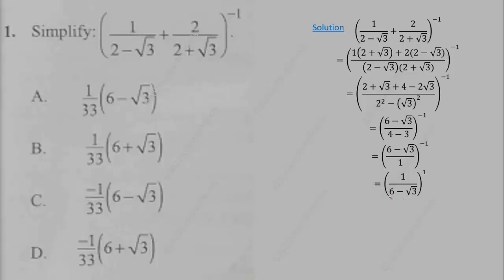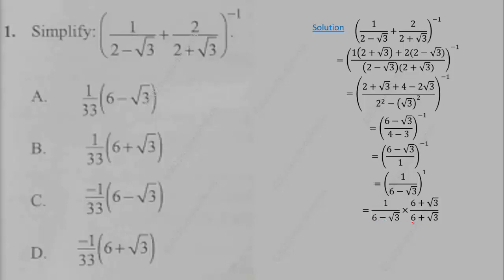So the denominator we rationalize by multiplying both the numerator and the denominator by the conjugate of 6 minus root 3, which is 6 plus root 3. So we have another difference of squares here.